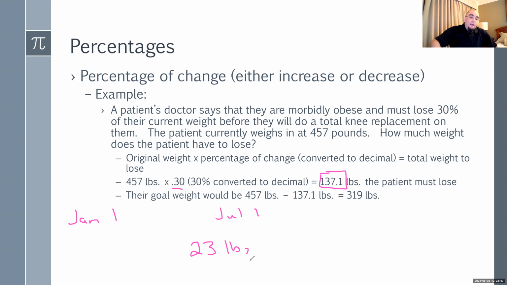Now that seems like a lot, right? Because I know there's all kinds of rules, like you shouldn't lose more than X pounds per week, or you shouldn't lose more than X pounds per month. But you also have to understand, if somebody's 457 pounds, not all of it is true body weight. A lot of it is water that's in that adipose tissue. This is why when you first start to lose weight, you lose a lot right off the bat.